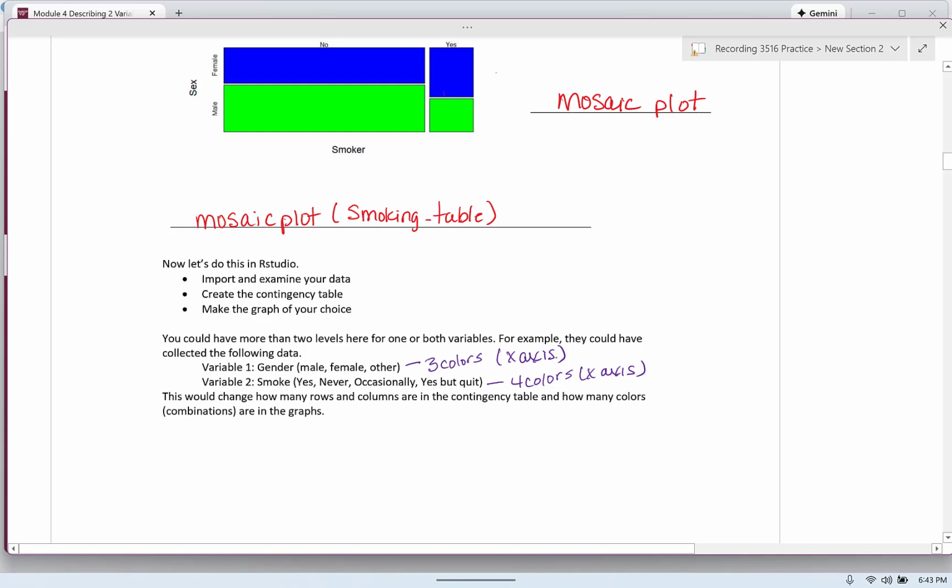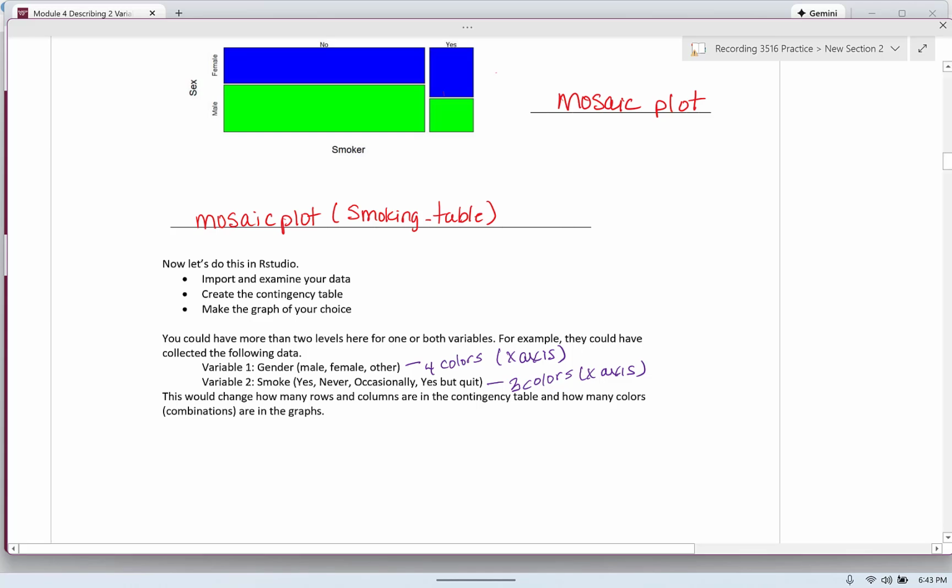Actually, I think I reversed those. I think that if it's genders on the x-axis, you have 4 colors. Yep, I've got those backwards. So we'd have 4 colors, and then we'd have 3 colors. It doesn't matter. R is going to make it for you. But the point is, it just adds another color every time there's a new level.